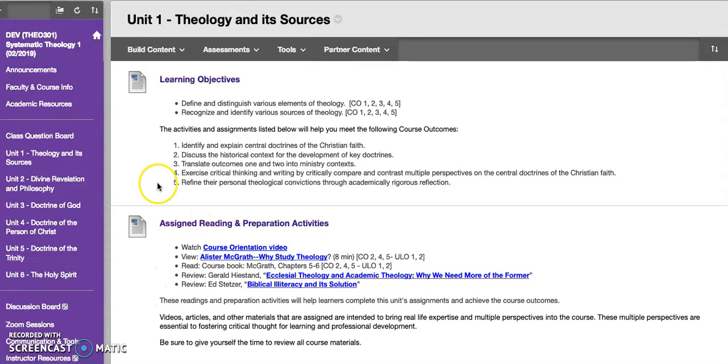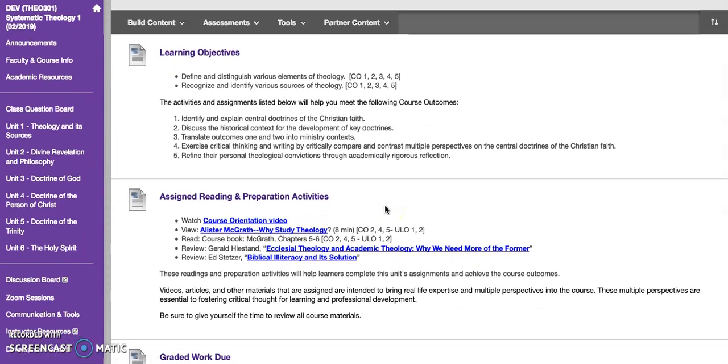The class layout is based on the textbook along with some supplementary material. In each of the modules, each of the units, you'll have reading from McGrath, the textbook, and please note that we are not doing anything with part 1 of the textbook.